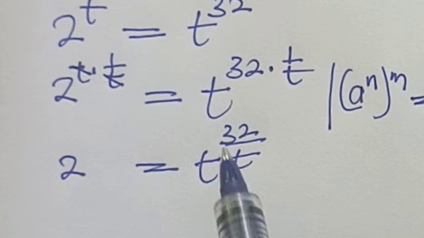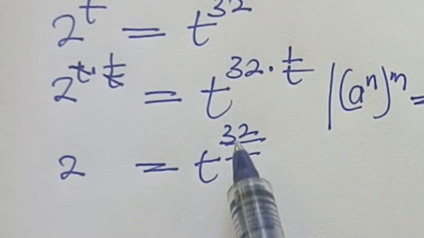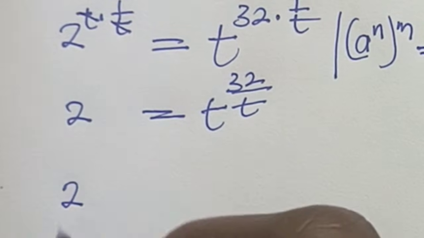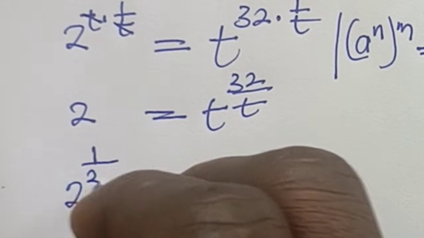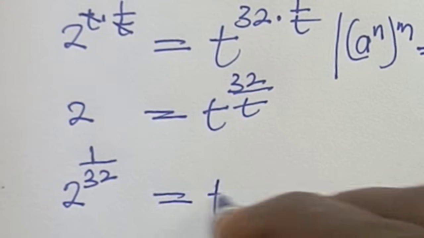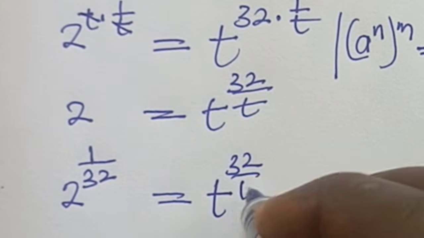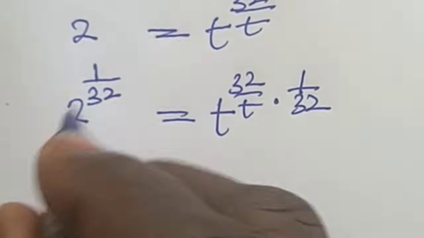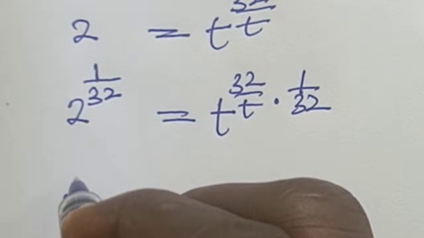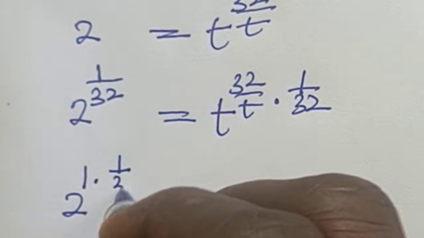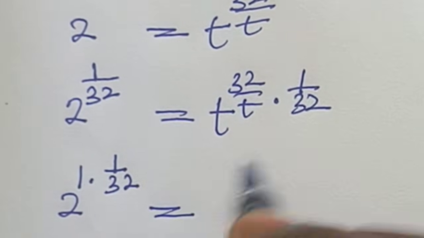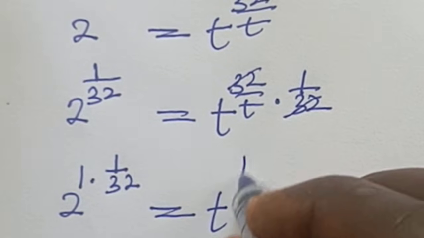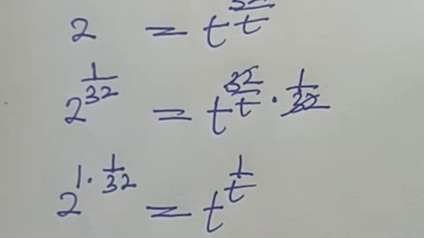Again, we're going to multiply the power by 1 over 32, so that 2 will be to the power of 1 all over 32 equals t to the power of 32 over t times 1 over 32. And this can be written as 2 to the power of 1 times 1 all over 32. The 32 will cancel out, and what will be left will be t to the power of 1 all over t.